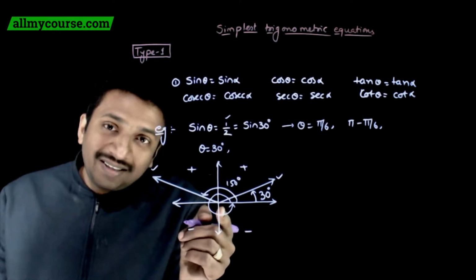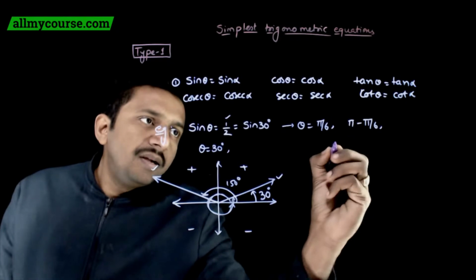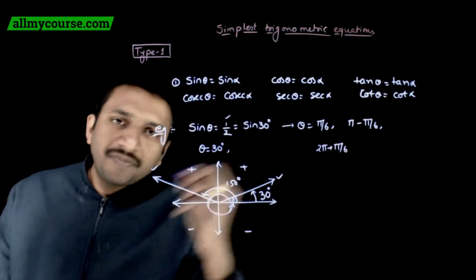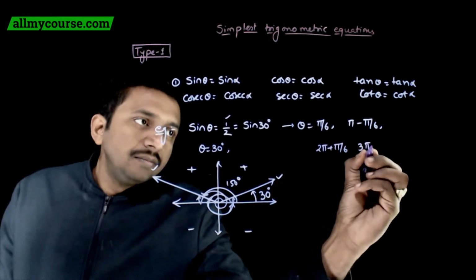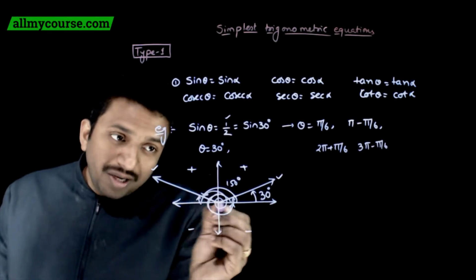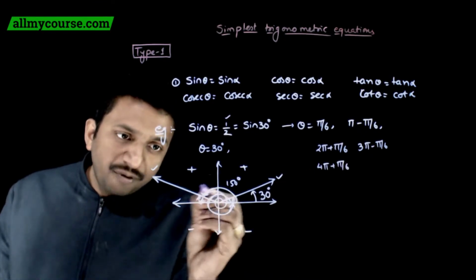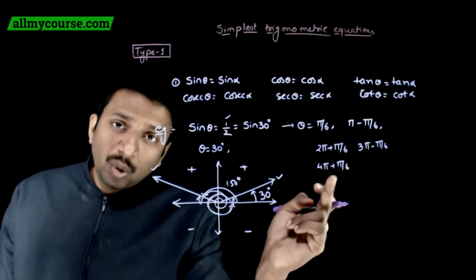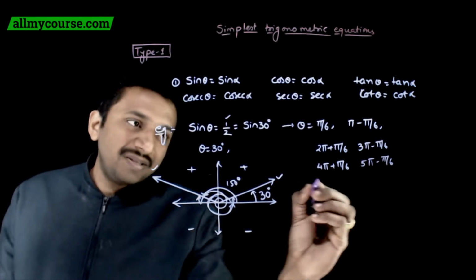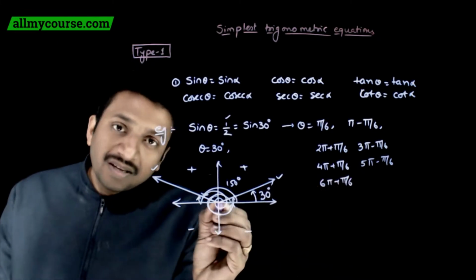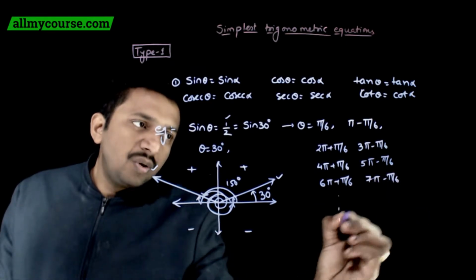If I want to write the solution in the next rotation, this is 2 pi plus pi by 6, right? 2 pi plus pi by 6, and 3 pi minus pi by 6, and 2 rotations plus pi by 6, that is 4 pi plus pi by 6, 2.5 rotations minus pi by 6, that is 5 pi minus pi by 6, 3 rotations plus pi by 6, 6 pi plus pi by 6, 3.5 rotations minus pi by 6, 7 pi minus pi by 6, and so on.